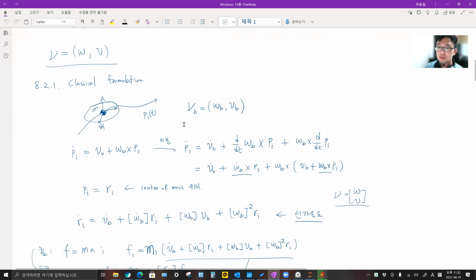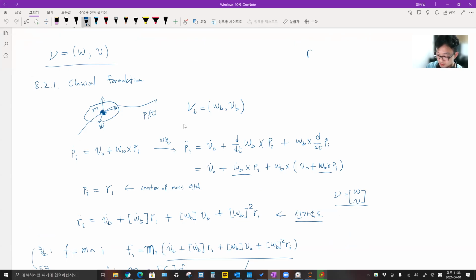twist. Actually, the key factor in the modern robotics class is to deal with the rotational movement and translational movement together. So this one is described by omega, and this one is described by v, linear velocity and rotational velocity.